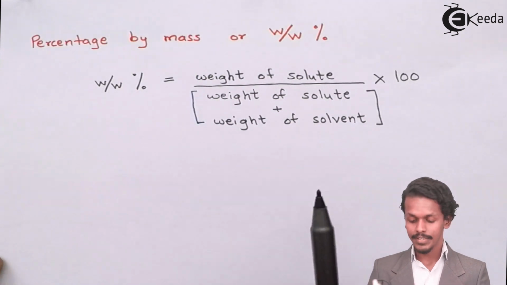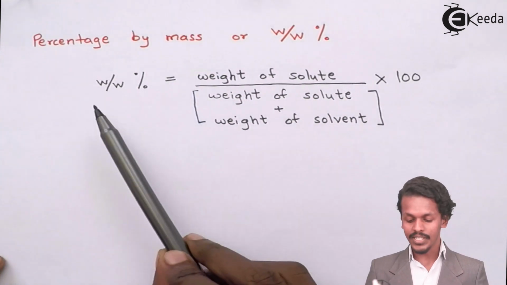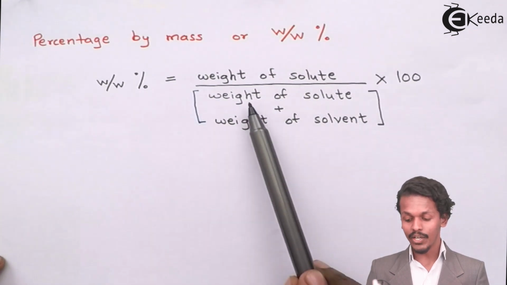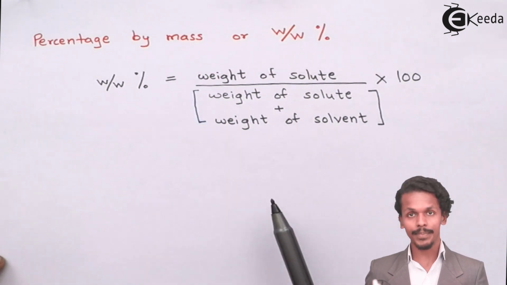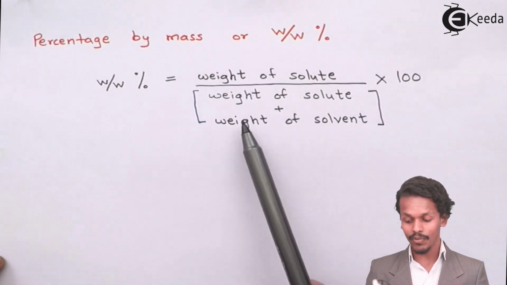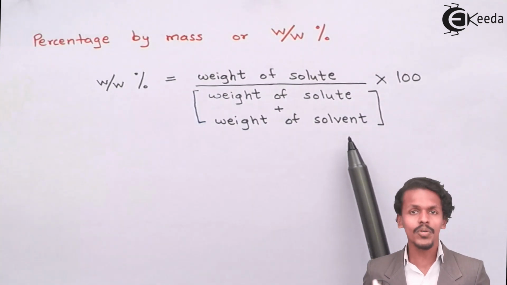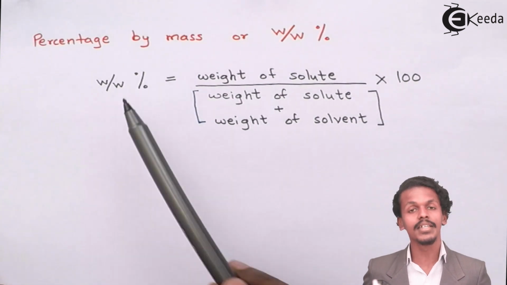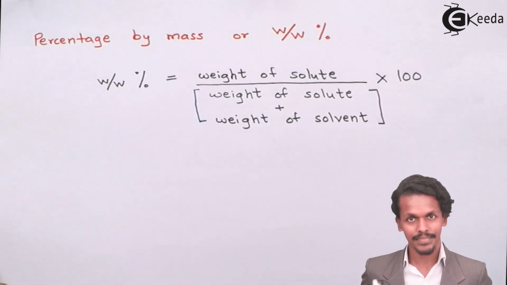The formula is percentage by mass equals weight of solute divided by weight of solute plus weight of solvent, which is the weight of the solution itself, multiplied by 100. Why? Because we are taking the percentage of it.